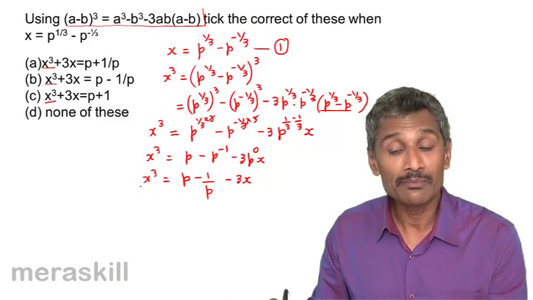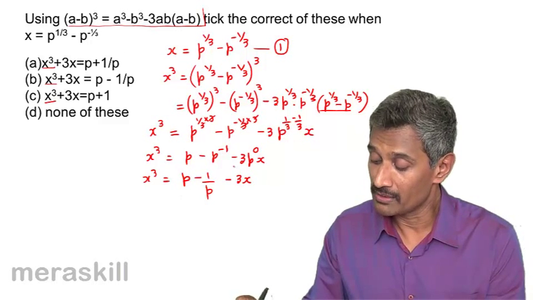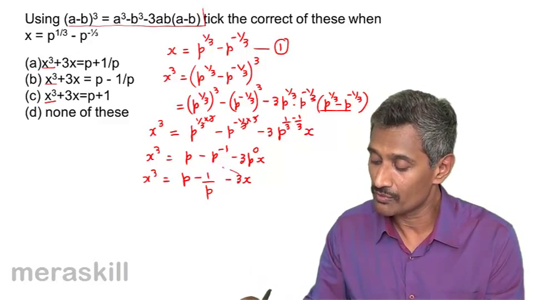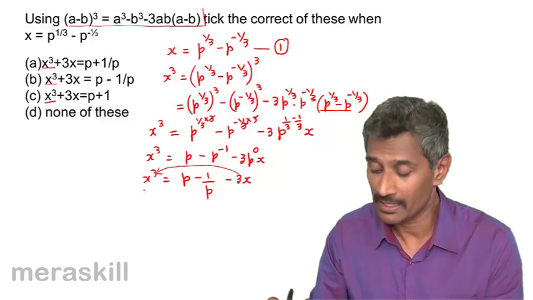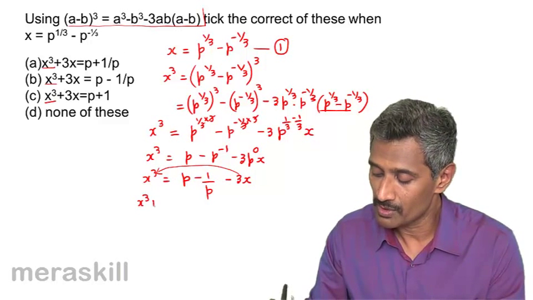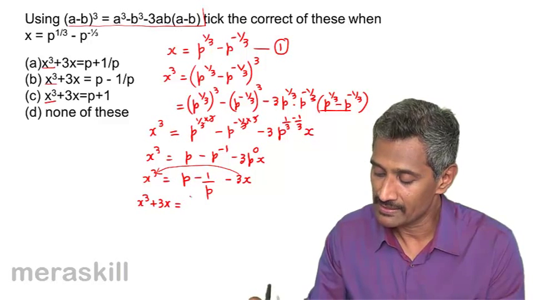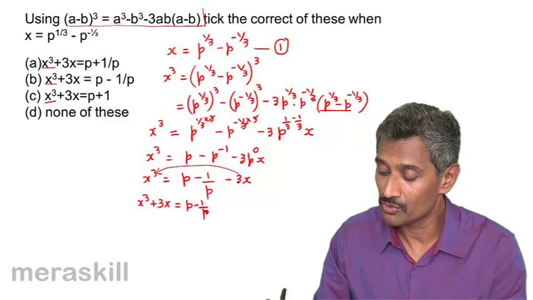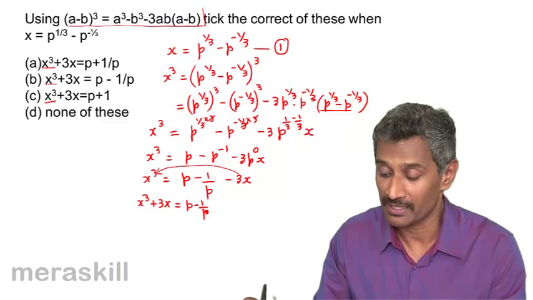Now we need to simplify this further. We can transpose this to this side because of the options we have. So we have x cube plus 3x is p minus 1 by p. Thus x cube plus 3x is equal to p minus 1 by p.